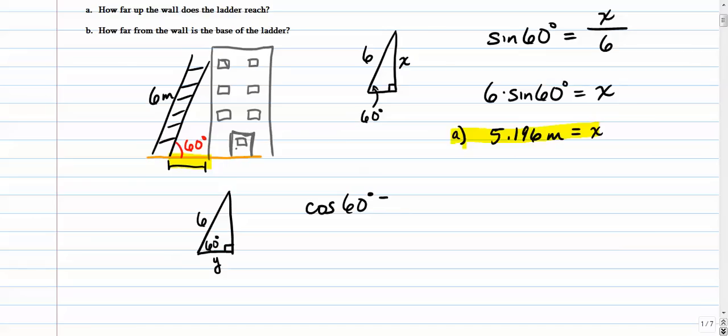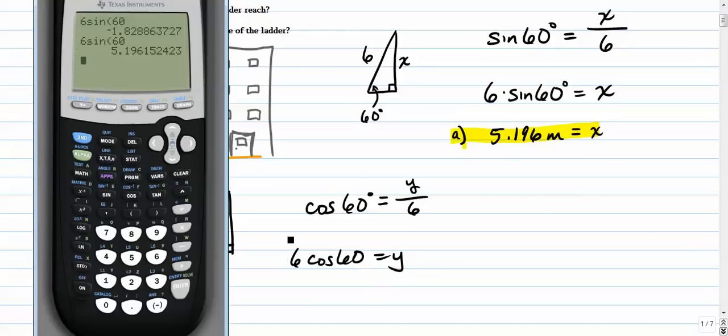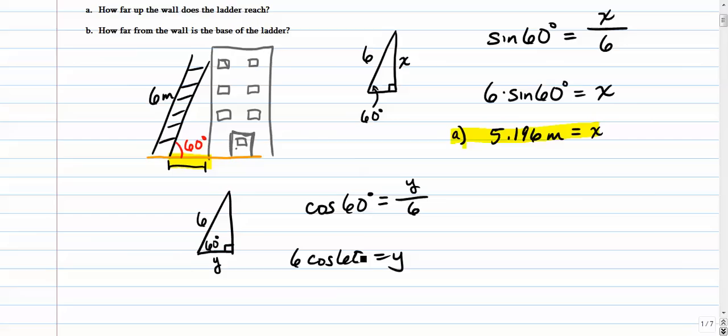So cosine of 60 equals y over 6. 6 cosine 60. Go to your calculator. 6 cosine 60. And we get a nice number, 3. So this is 3 meters away from the base of the wall. That is part B. So those are two answers.